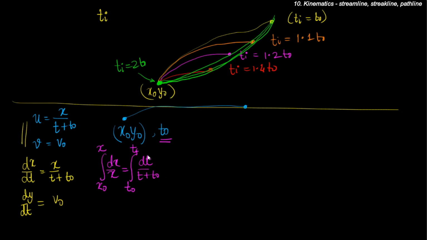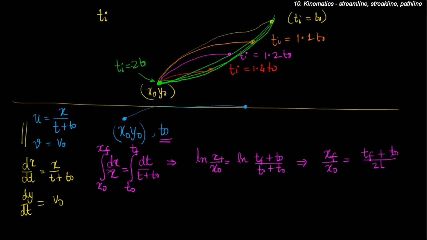So let me call it tf to signify the final time. This integration will give us ln x upon x naught is equal to ln, so let me call this xf, so it will be xf upon x naught is equal to ln of tf plus t naught upon t naught plus t naught. This implies xf upon x naught is equal to tf plus t naught divided by 2 t naught.